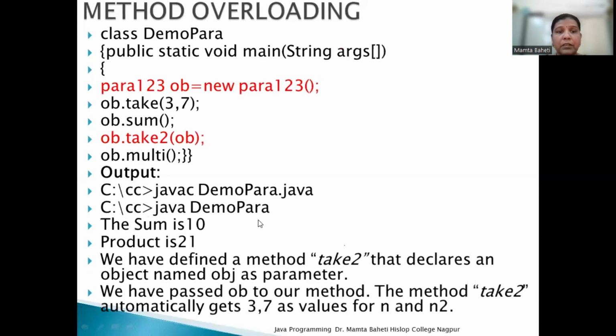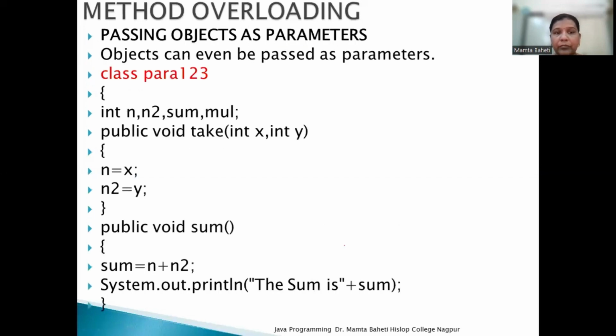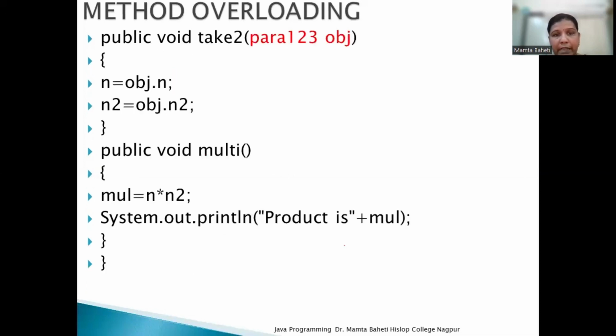So here take2 does n equals obj dot n and n2 equals obj dot n2. What are the values? The value of n here is 3 and the value of n2 is 7.